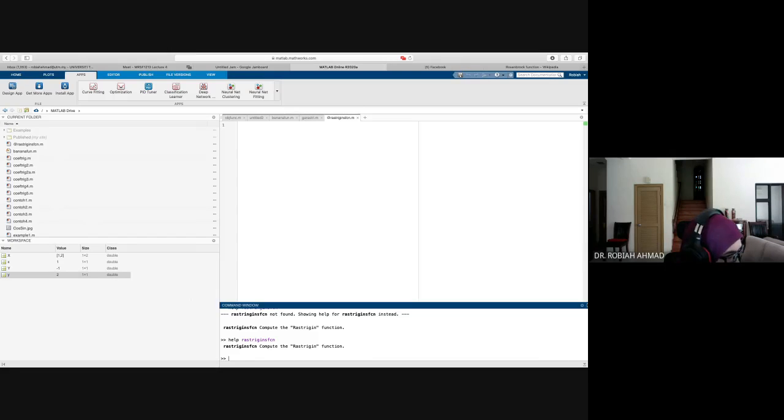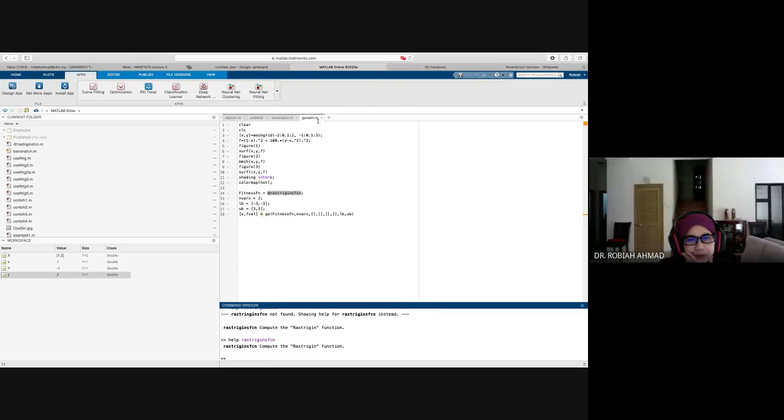Where is my function, this one? What happened? Why is this 0? Let me try this one. Suddenly there is nothing inside it.